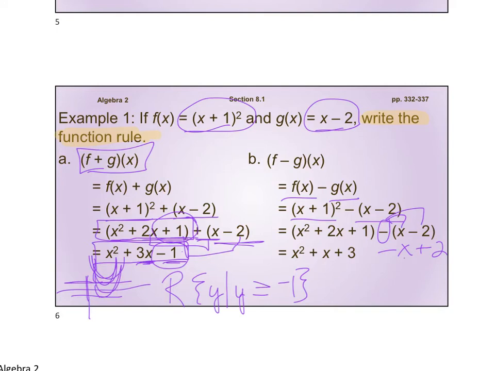So I have 2x minus x gives me x. And then I have a 1 plus 2, so I have a plus 3. So you can see it's very different than the addition.